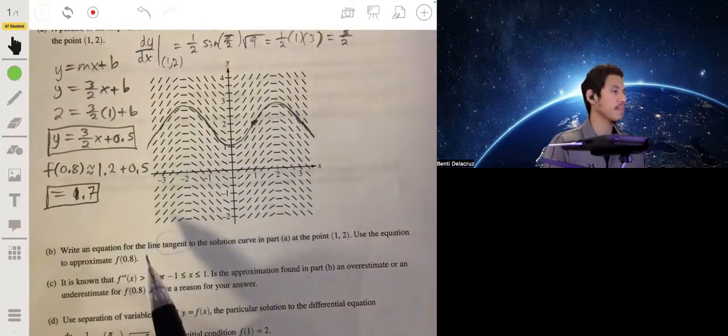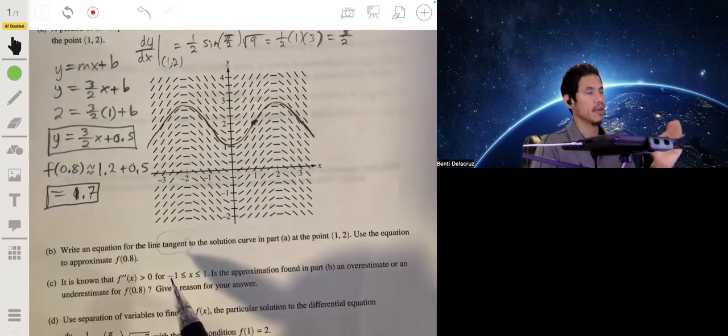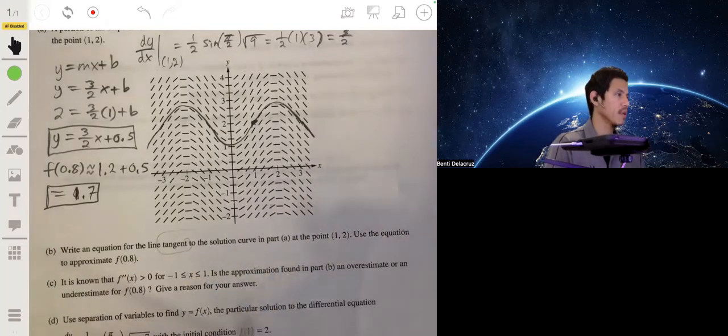So as we go from -1 to 1, the rate of change of our equation, or I guess our tangent line equations, would be steeper and steeper.